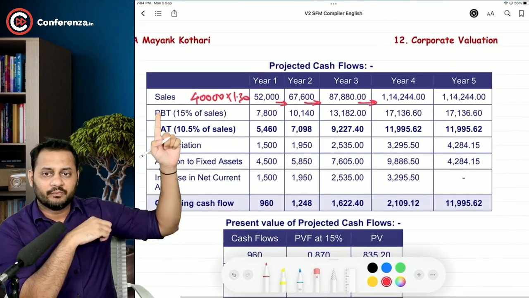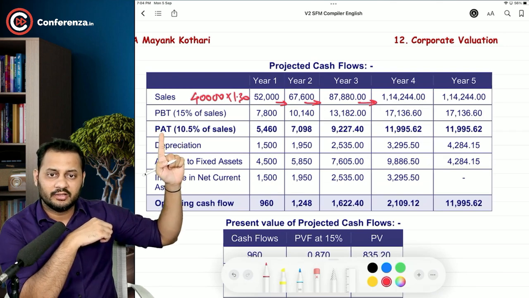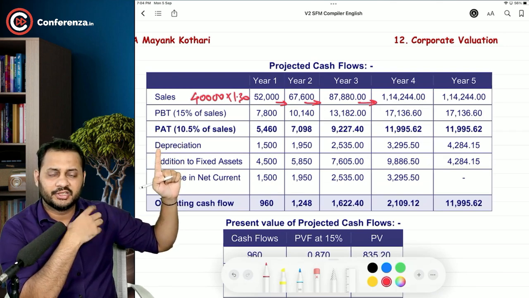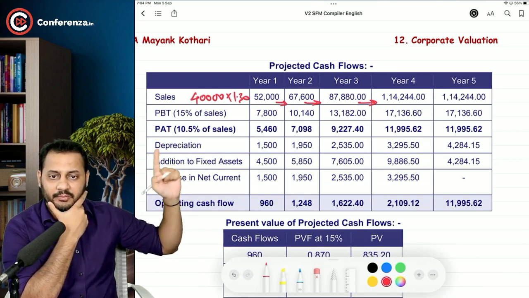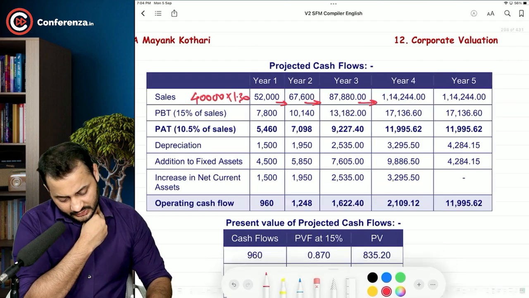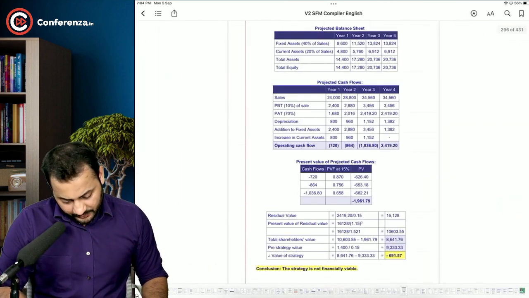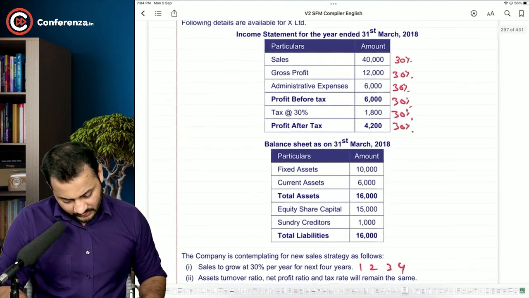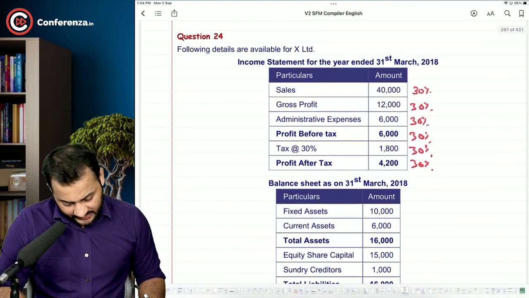So I will tell you one thing. You will increase that PBT also, PAT also by 30%, and I think the depreciation as well. So this much of the items you will increase by 30%. I will just recalculate it once again. Depreciation. Acha na, depreciation is to be calculated separately.